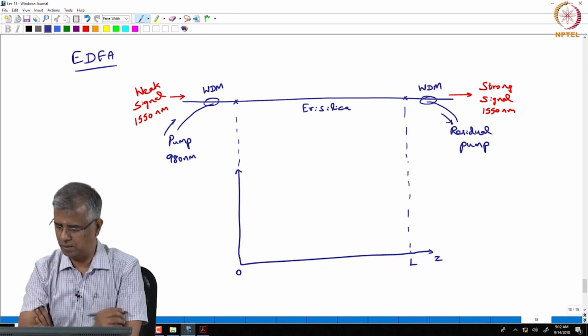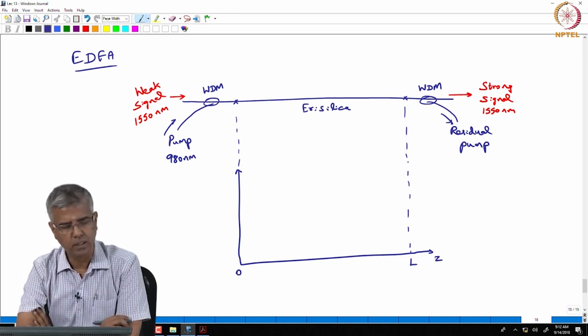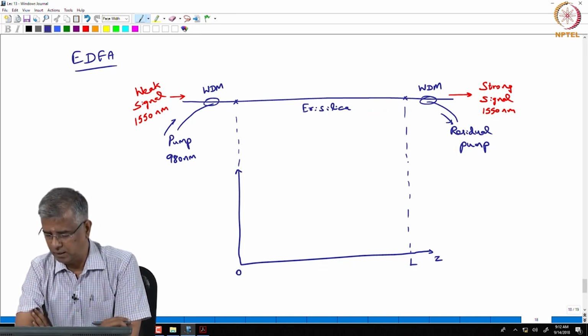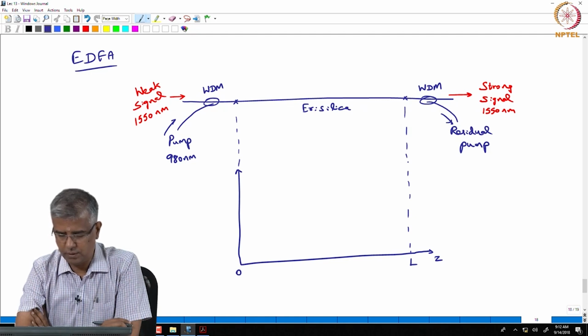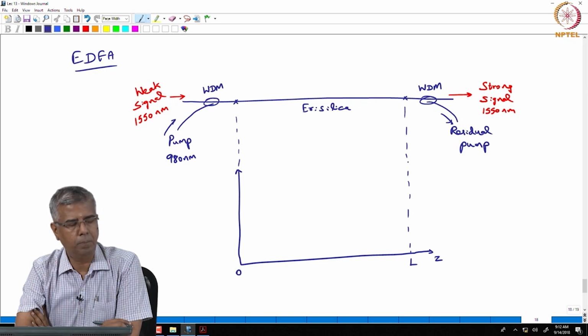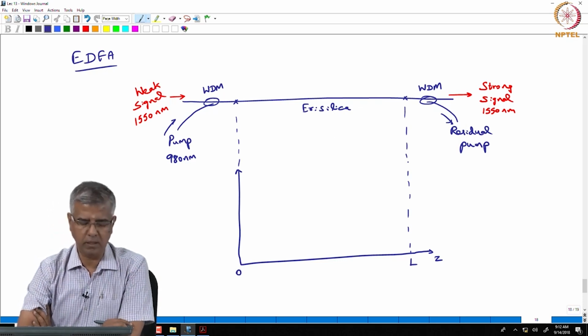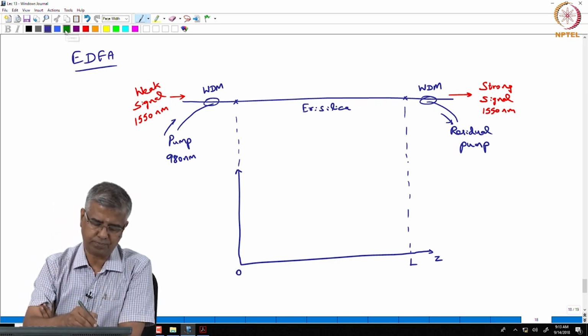So, let us say this is the propagation direction, which let us call the Z direction. Okay. So, let us first track how this pump radiation is going to be distributed in this.